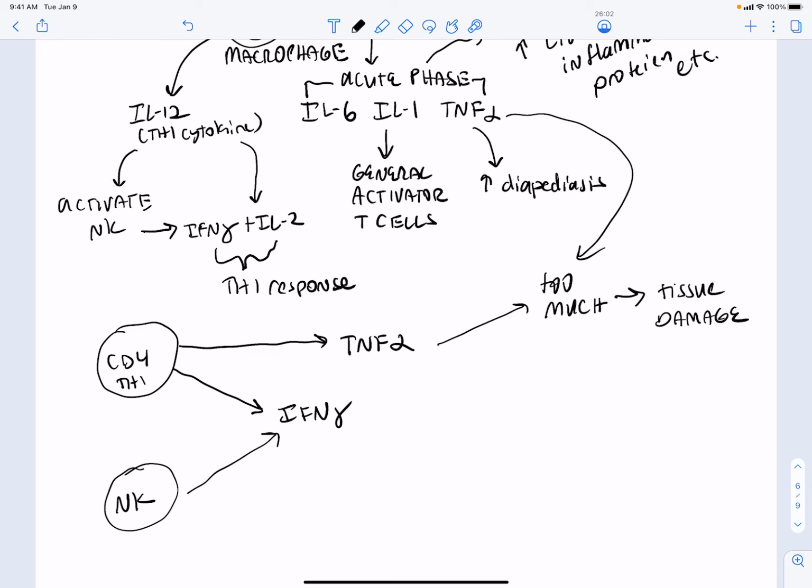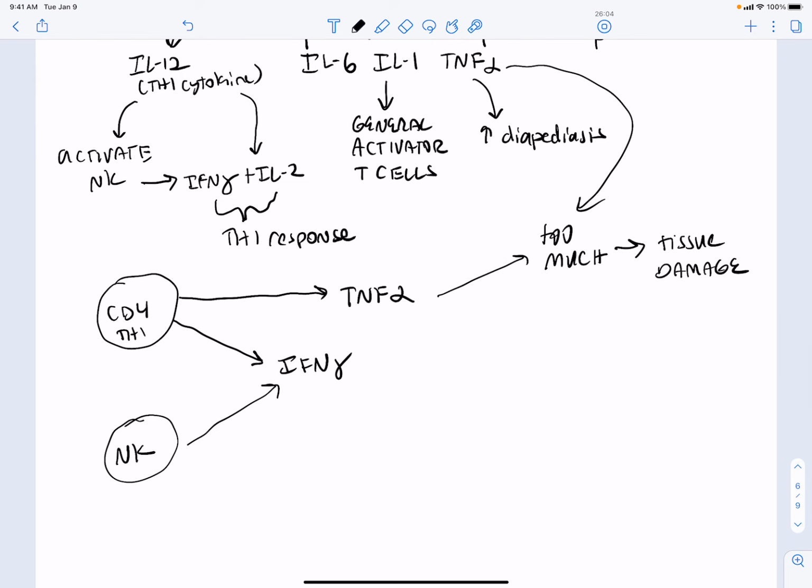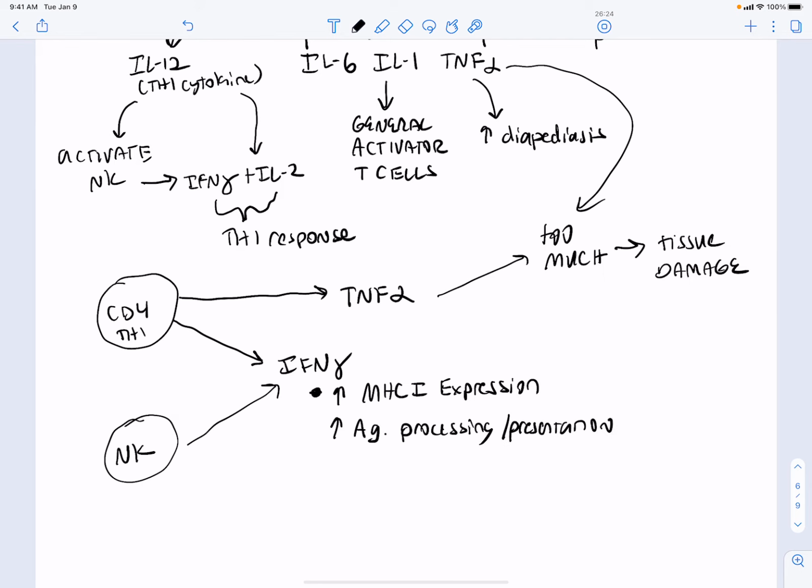Now interferon gamma has several functions. Interferon gamma is going to increase MHC expression, class 1, and is going to increase antigen processing. It's going to increase macrophage maturation. Remember, macrophages are hanging out in tissues.